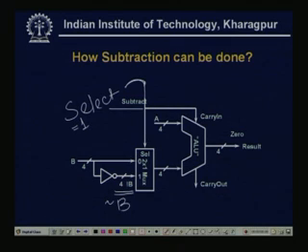That means every bit of b, if it is an n-bit b, then every individual bit is complemented, and that will be given as the input of the multiplexer. So, actually it will go to the output. If it is a 4 bit, then the inverse of every one of the 4 bits will get here.